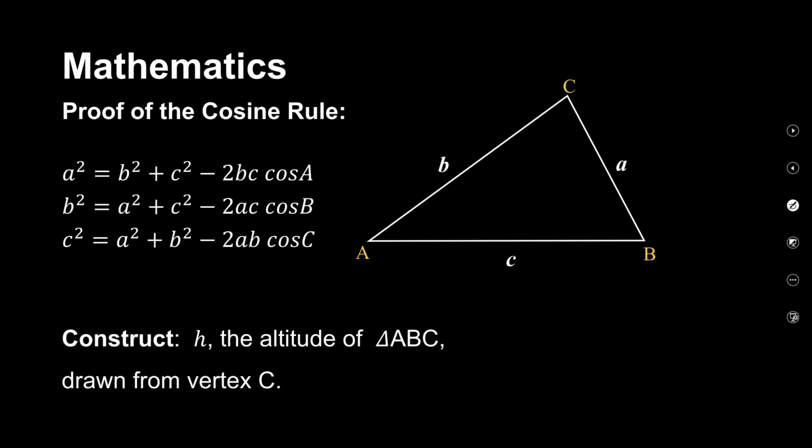And again, exactly like we did before, we're going to start off with our construction. So let's construct our height again. We're constructing a height again from vertex C, so we're drawing our height perpendicular to our base. There's our base there, and our height, we're going to label it h.